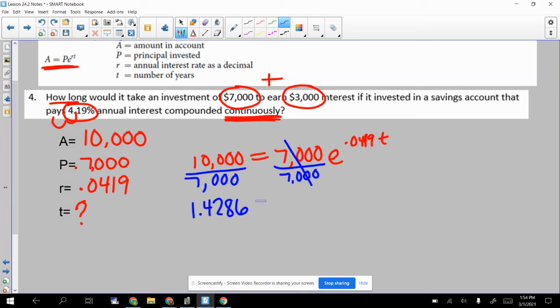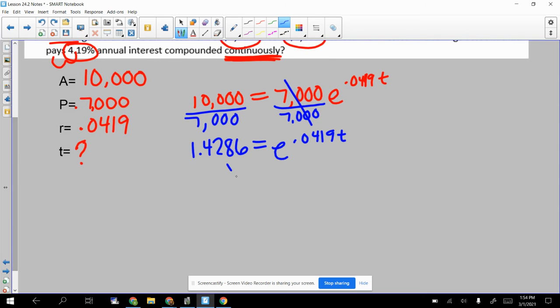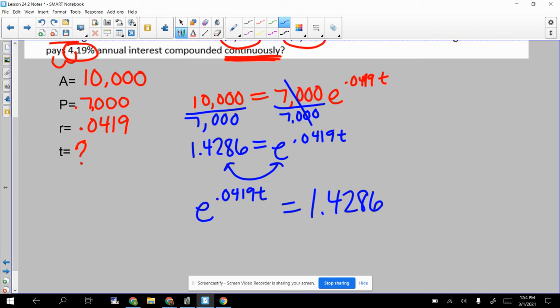Then this is gone. And this is still e to the 0.0419 t. Okay. Then what you need to do is flip-flop these, because we can't convert the way it is right now. So we're going to flip-flop these so that it's just 0.0419t equals 1.4286.